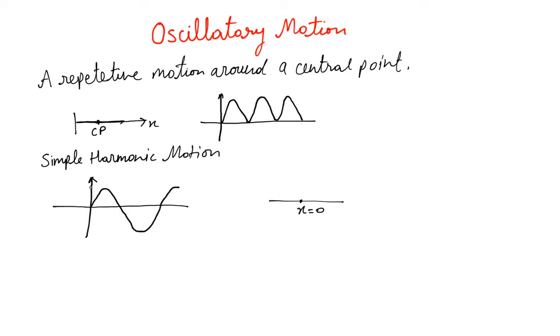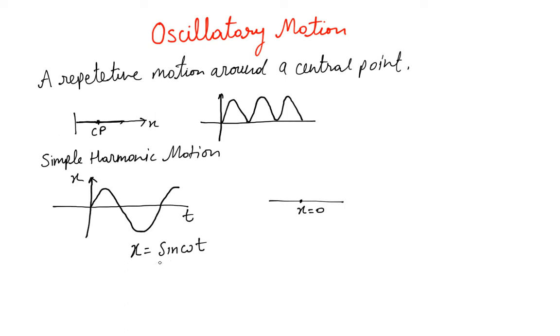And this is a sine wave. This is a little incomplete, but this is how a simple harmonic motion looks. The trajectory or the path it follows is given as sine omega t, and we'll understand what this means.